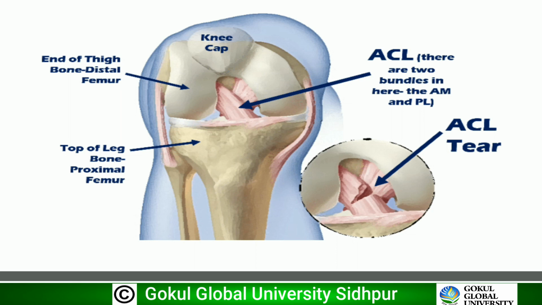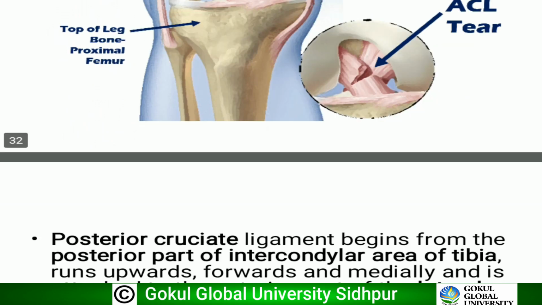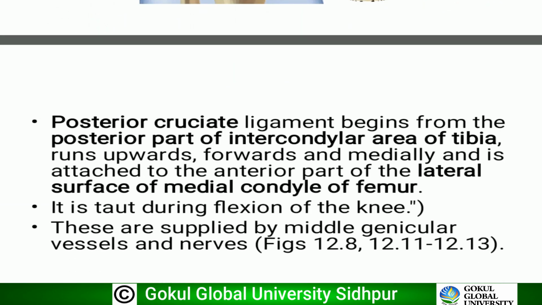Exactly oppositely you go for the PCL, posterior cruciate ligament. Okay, now we will see the posterior cruciate ligament. It begins from the posterior part of the intercondylar area of the tibia. In ACL we saw the anterior part of the intercondylar area of the tibia; it runs upward, forward and medially, which indicates its course, and is attached to the anterior part of the lateral surface of the medial condyle of the femur.